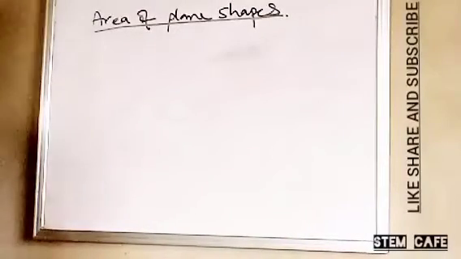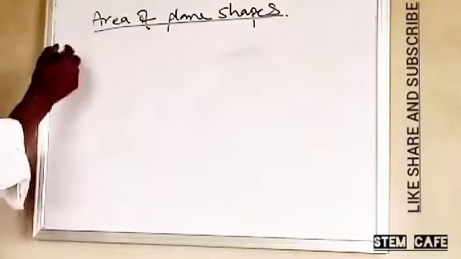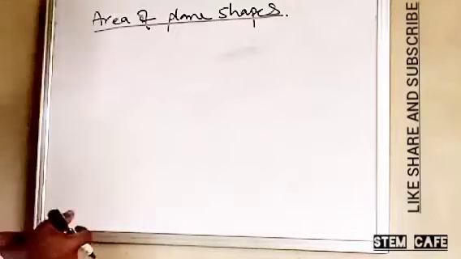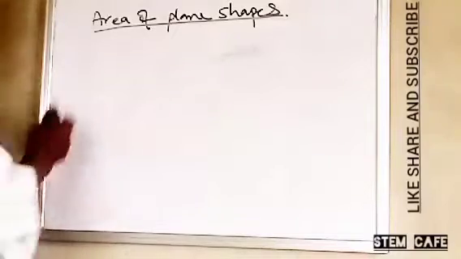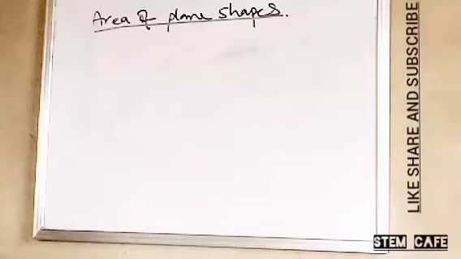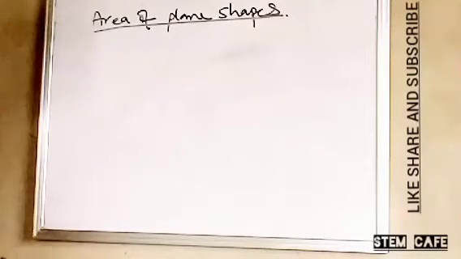Now we are on area of plane sheets. We can easily find area of plane sheets irrespective of their orientation, either triangle, quadrilateral, or any polygon. All we need to do is break it into standard shapes and add or subtract whatever.